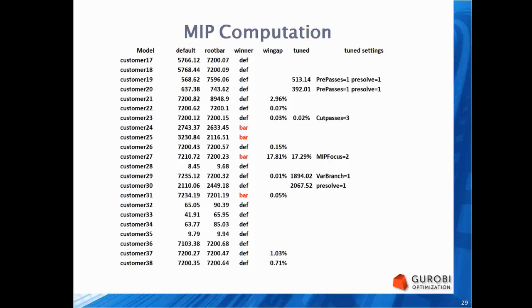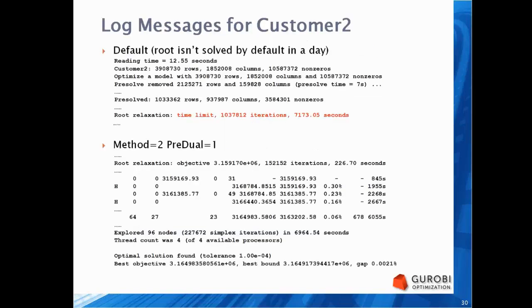And here I show you one log on model customer 2. You can see if you use default, I have the line in red color. The root relaxation does hit the time limit, so you cannot solve it. Then, since it hits the time limit solving the root relaxation, you immediately think, hey, we could try barrier, so set Method 2.